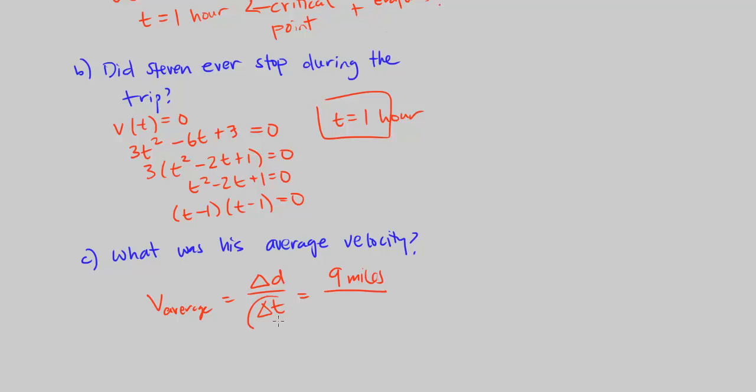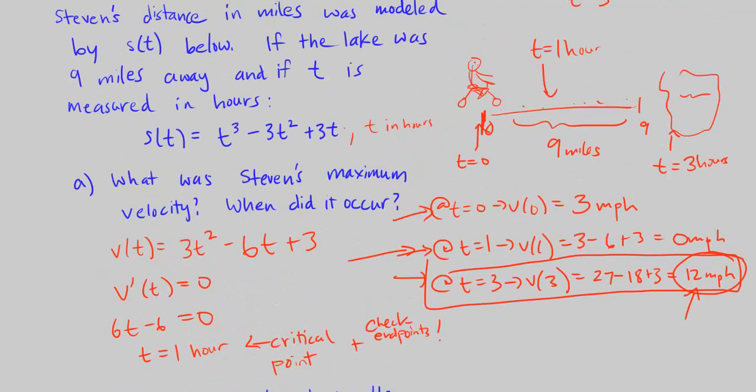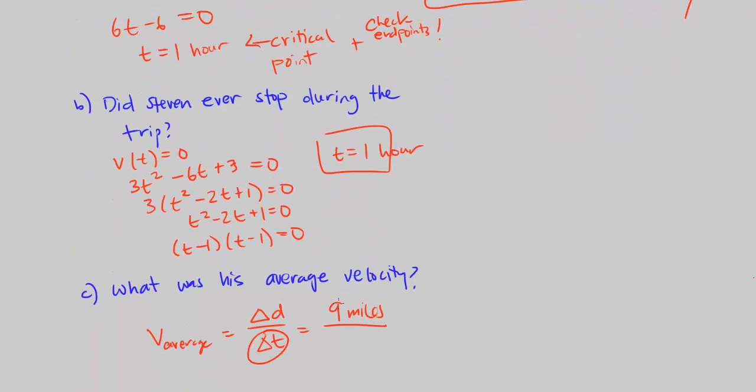And his change in time goes from 0 to 3 hours, so it takes him 3 hours to get there. So the average is 9 divided by 3, or 3 miles per hour. That's going to end for us CPM Chapter 6, number 75.